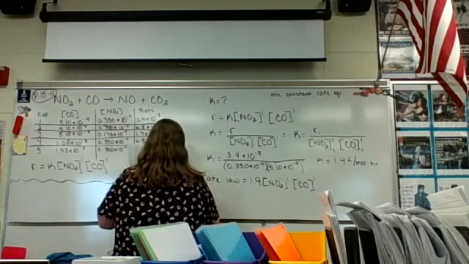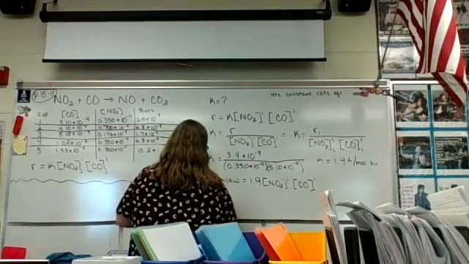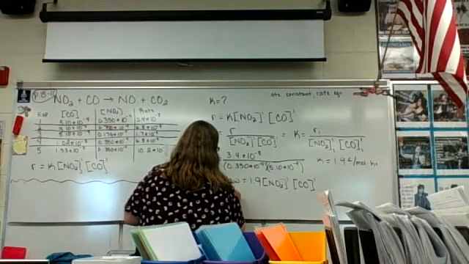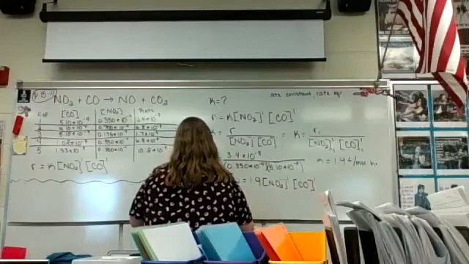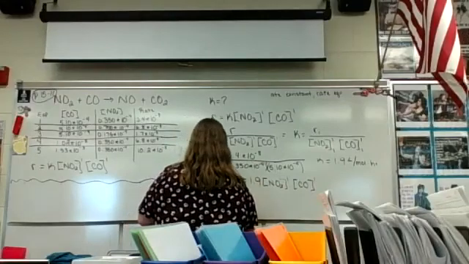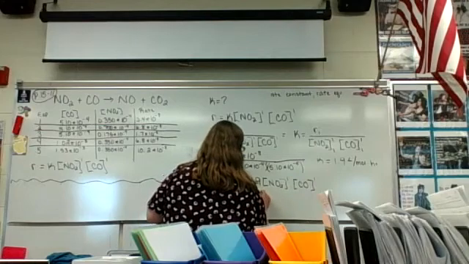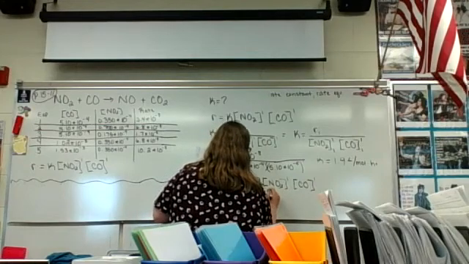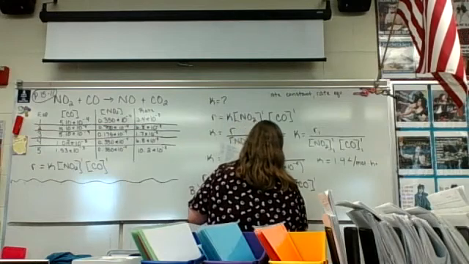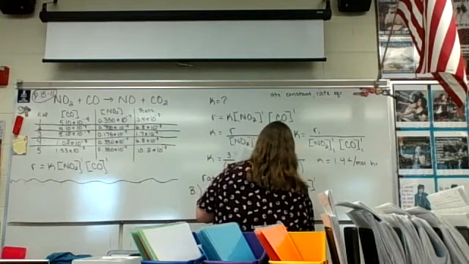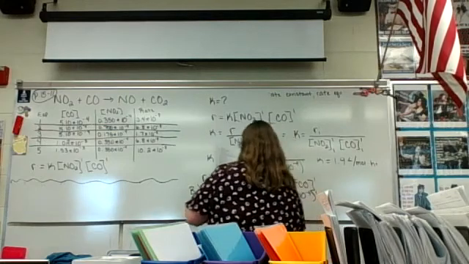So this is B. So the rate at any time is going to be 1.9, and we're given the concentrations. So that's going to be 0.65 times 10 to the negative fourth to the first times 3.8 times 10 to the negative fourth to the first.